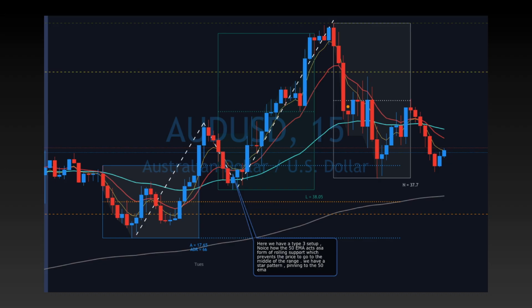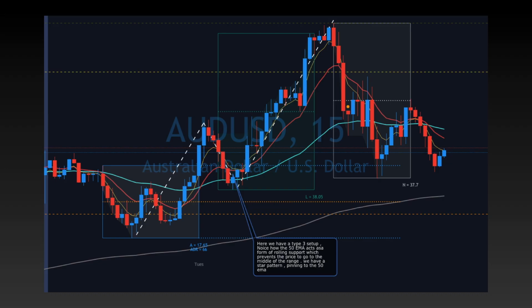So anytime that you see where the 50 is preventing price action from getting to its destination, in this case getting to the middle of the range, to help confirm the type 3, this is still a good trade setup to trade.